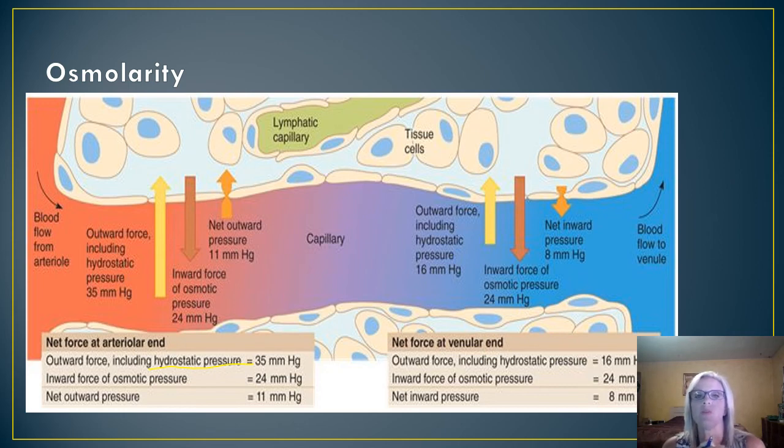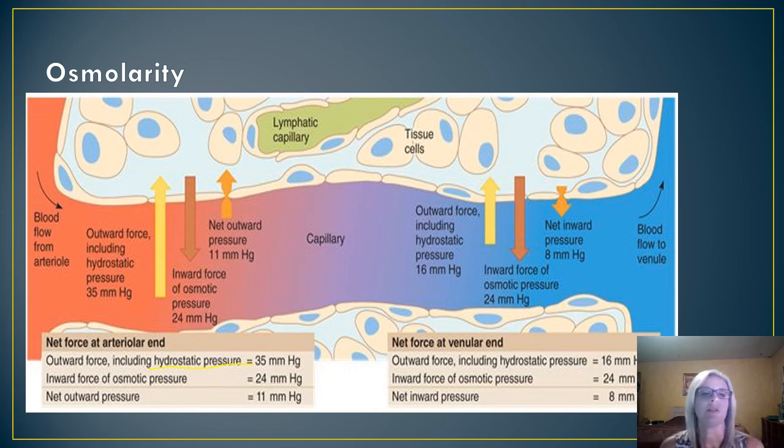That is going to be due to a net outward pressure being higher outside, okay, than the osmotic pressure inside. So we're going along a pressure gradient. It is then going to enter the venule end of a capillary due to a net inward osmotic pressure being higher than hydrostatic pressure. Substances are going to move in and out, of course, along their concentration gradients.